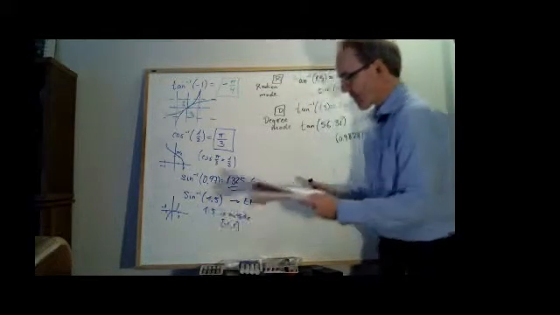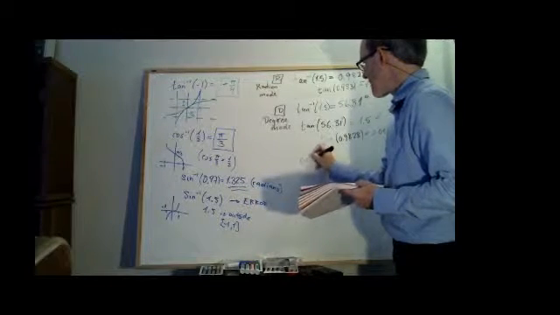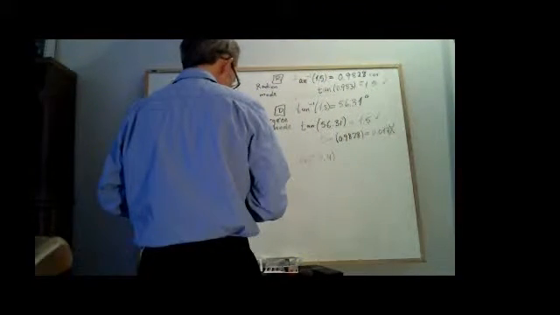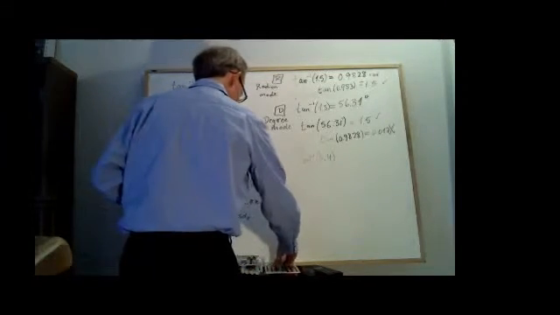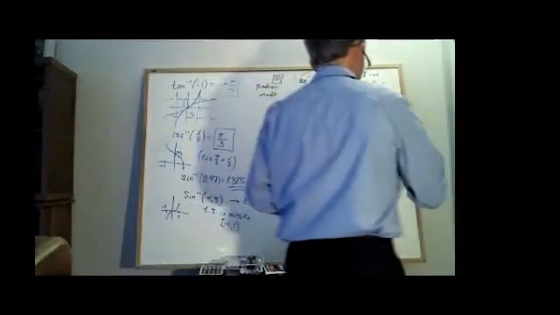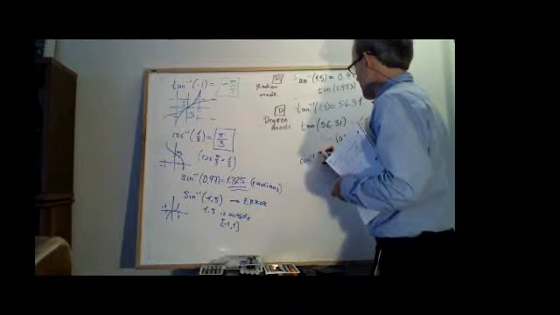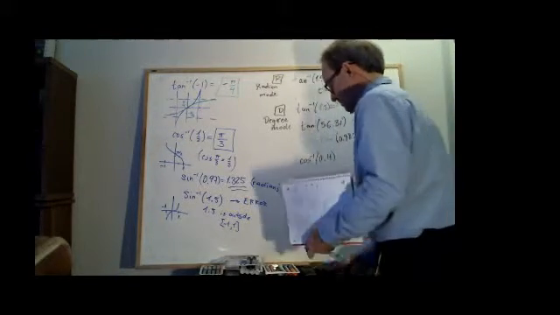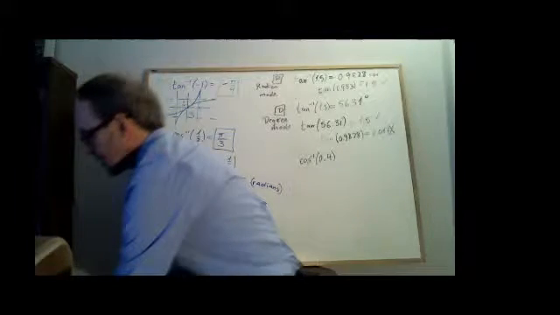So another calculation is cosine inverse of 0.4. Use a different pen. Okay, so that's, again, a matter of just plugging it into the calculator.